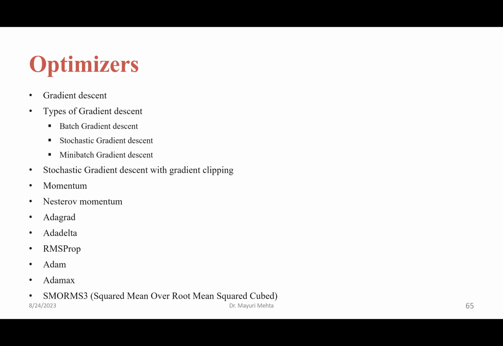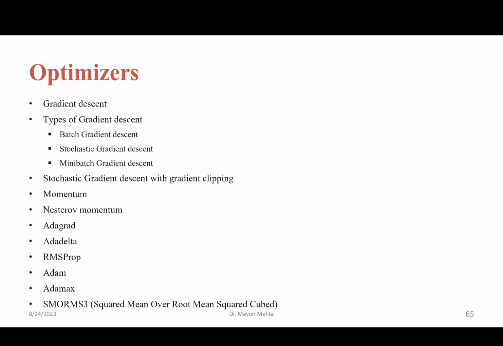The rest I will simply introduce, and later you can go through them in detail. Fine. Because today I wish to complete this unit so that we can focus on convolutional neural networks. Okay, fine. So let us start with the gradient descent optimization function.